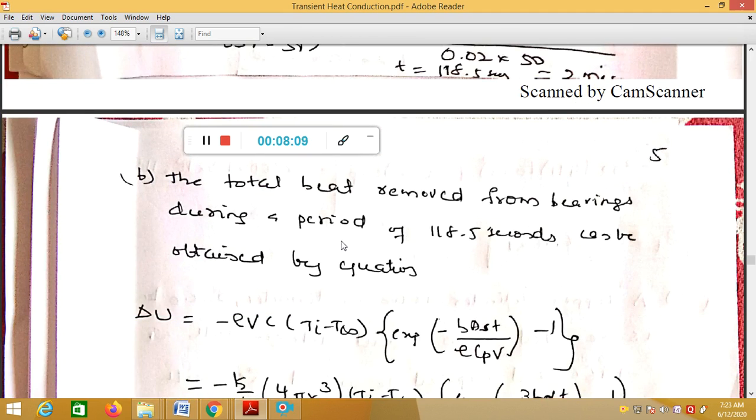Okay, then he is asking the second bit. What is the total heat removed from the bearings during a period of 118.5 seconds?